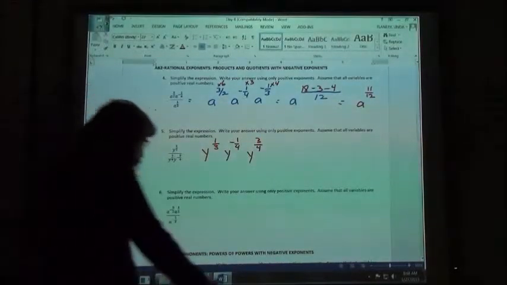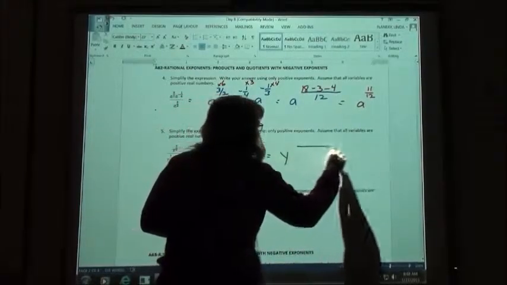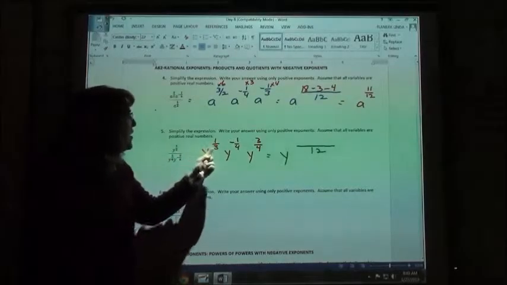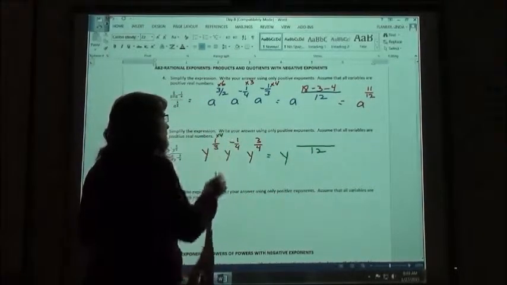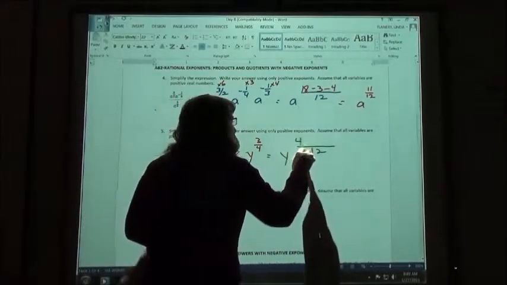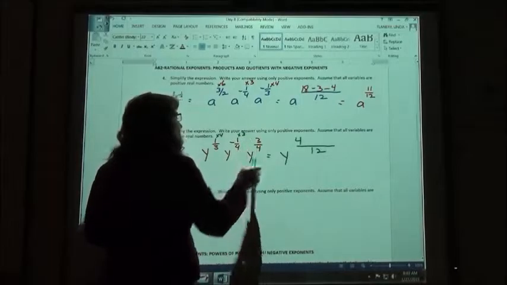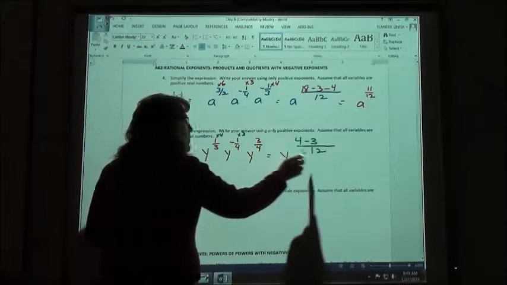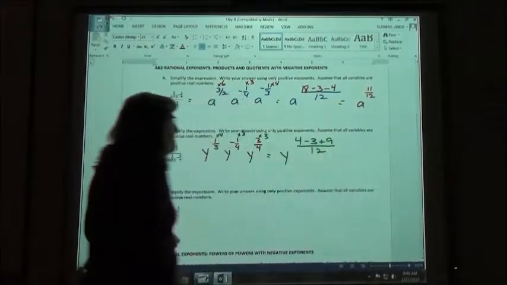Again, I'm going to find my common denominator. In this case, it's going to be 12 again, and make my equivalent fractions. 3 goes into 12 4 times. 4 times the one on top is 4. 4 goes into 12 3 times, and 3 times minus 1 would be minus 3. 4 goes into 12 3 times, and 3 times 3 is 9, positive 9.